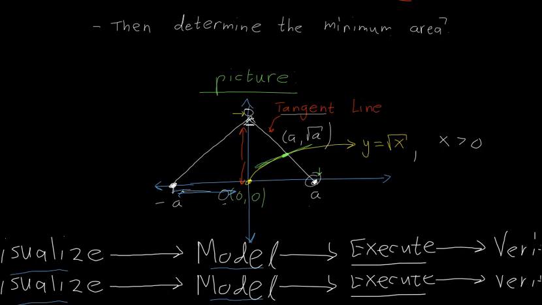So if you got stuck here, this doesn't mean that you're bad at calculus. A lot of people get stuck on this and they're doing very well in their calculus course. It means the problem was designed to test whether you can verify the existence of a minimum.